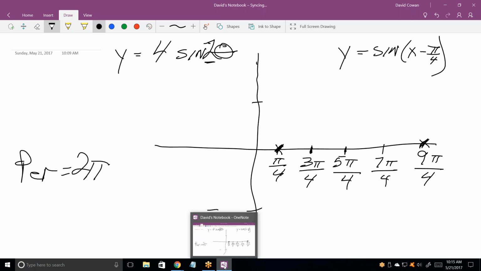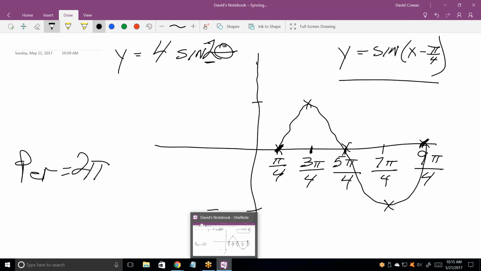Okay, now I know that at my first quarter point it hits its peak, comes back down to the second quarter point, hits its negative at the third quarter point, and now I'm going to draw it. That's how you do it. Whenever you're dealing with a phase shift, that's what you should do: find out where your starting point is and where your ending point is, and then quarter it up and then draw the rest of it.